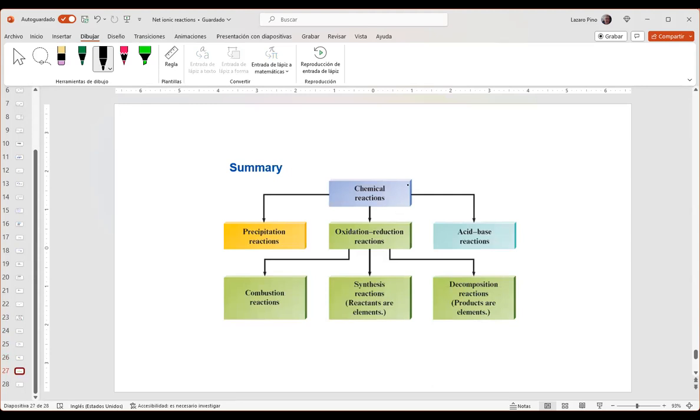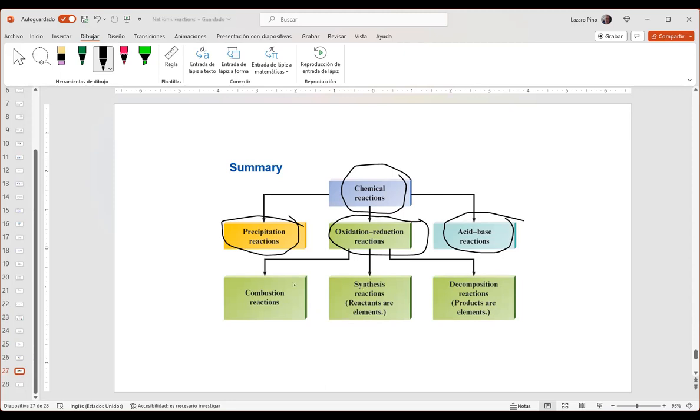Well, in general, we can say that chemical reactions can be divided into precipitation reactions, acid-base reactions, or redox reactions, oxidation reduction. The oxidation reduction can be divided into combustion reactions.